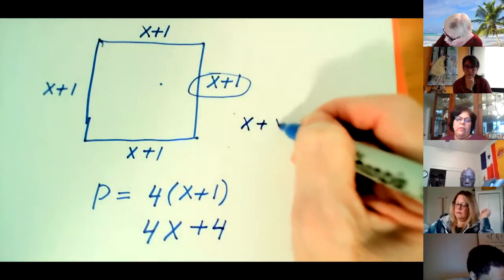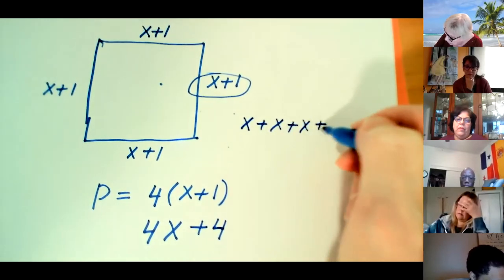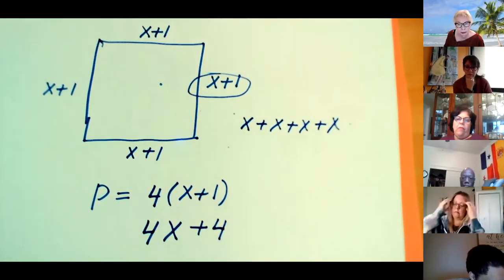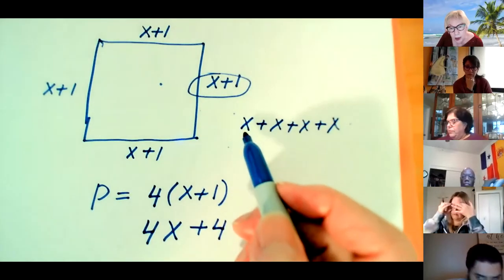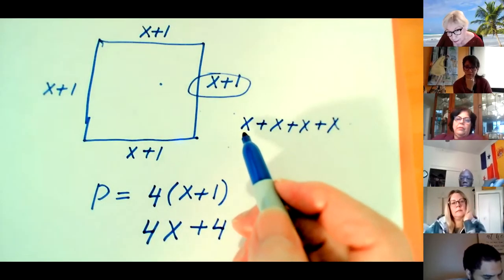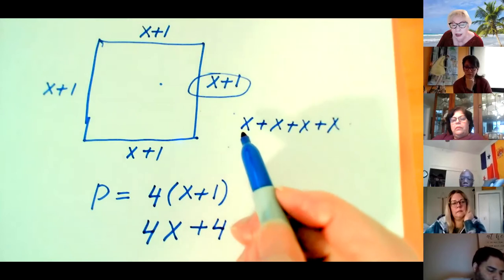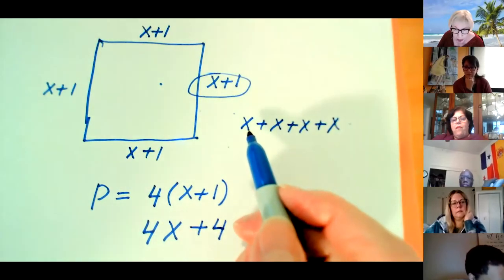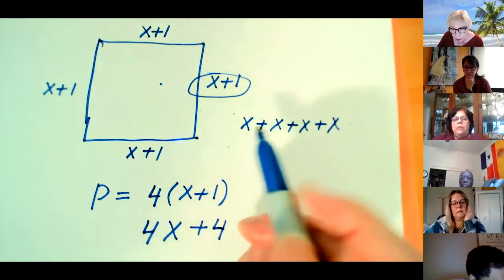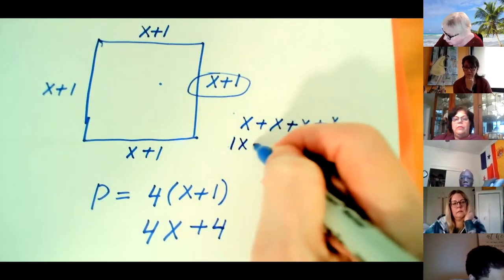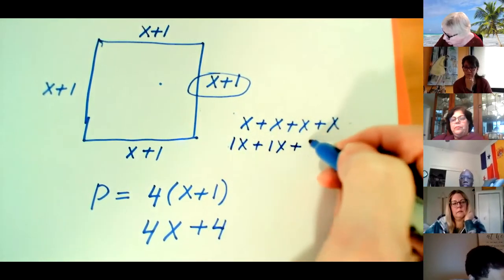But this is one thing I want to talk about. Although we write this as X, because we have so much to write, we just want to make it as simple as possible. Each was really 1X.